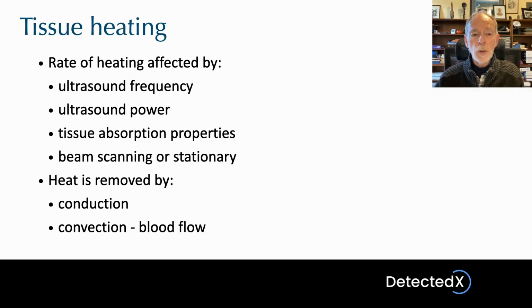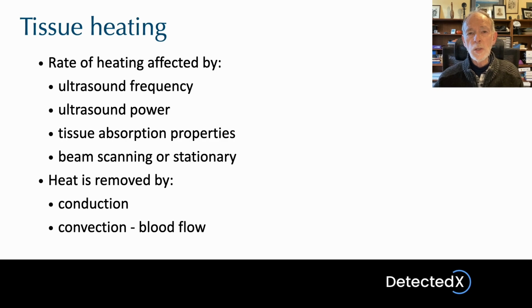In addition, when blood flows through the heated tissues, it takes some of the heat and removes it and carries it off to other parts of the body where it's then distributed. So, in fact, blood flow is quite an effective way of cooling the tissues. And if you think about it, this is very similar to the cooling system in a car.